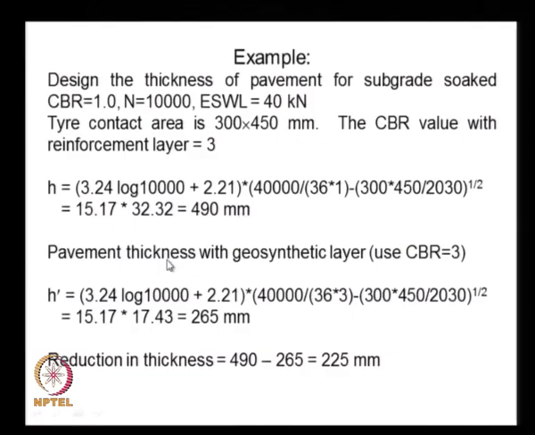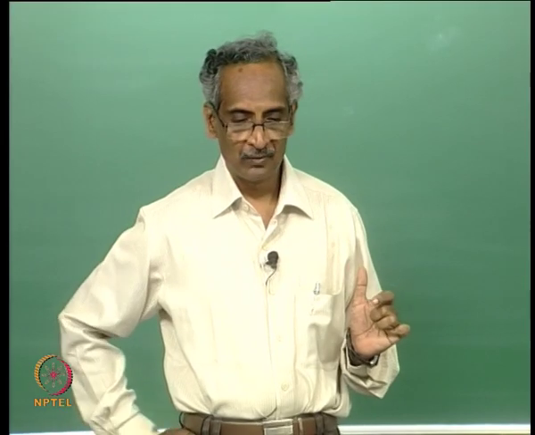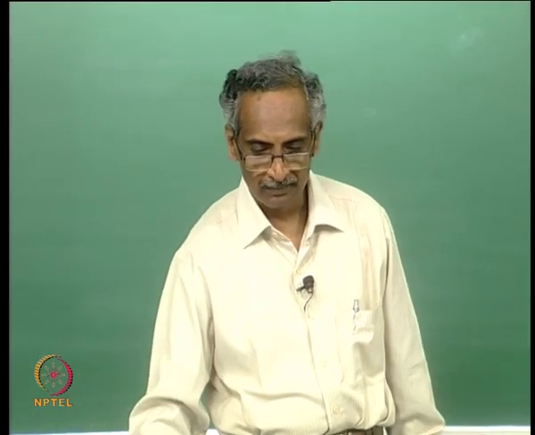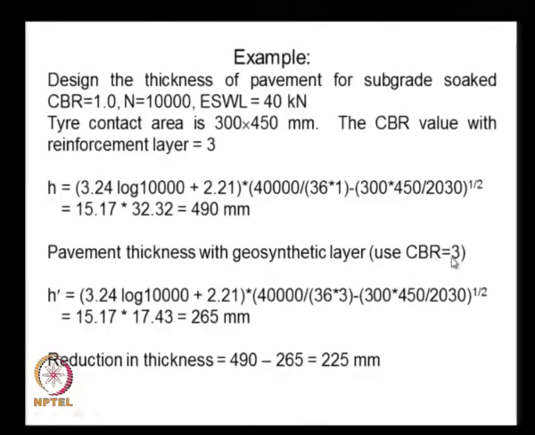And now let us estimate the same thickness for the case of reinforcement. The CBR value is 3 when we introduce this layer of reinforcement, and this H prime comes to 265 millimeters, or in other words the reduction in the thickness is 225 millimeters.